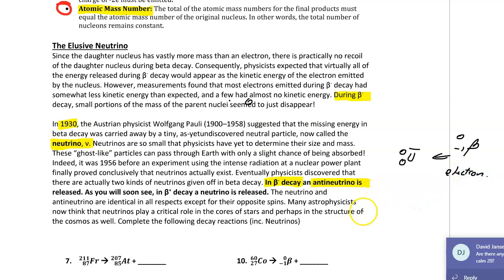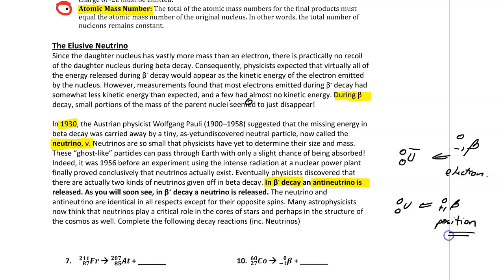Now there's another type of beta decay, which is positive beta decay, which essentially is your positron. It's the antiparticle of the electron, and it is a particle. It has the same mass as an electron, but the complete opposite charge. And so we see the regular neutrino there.